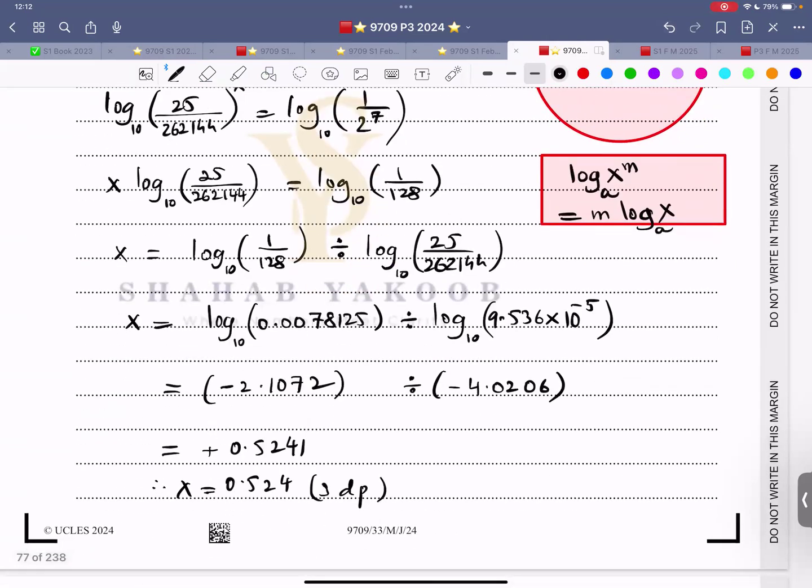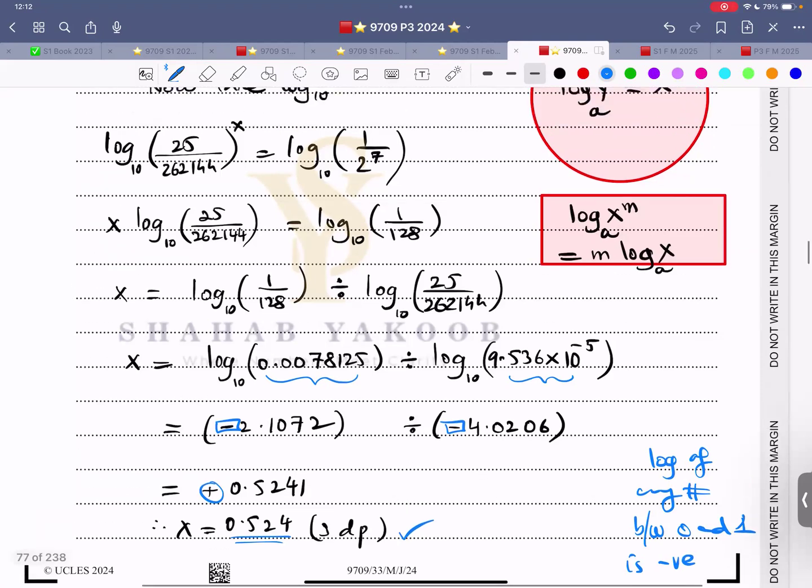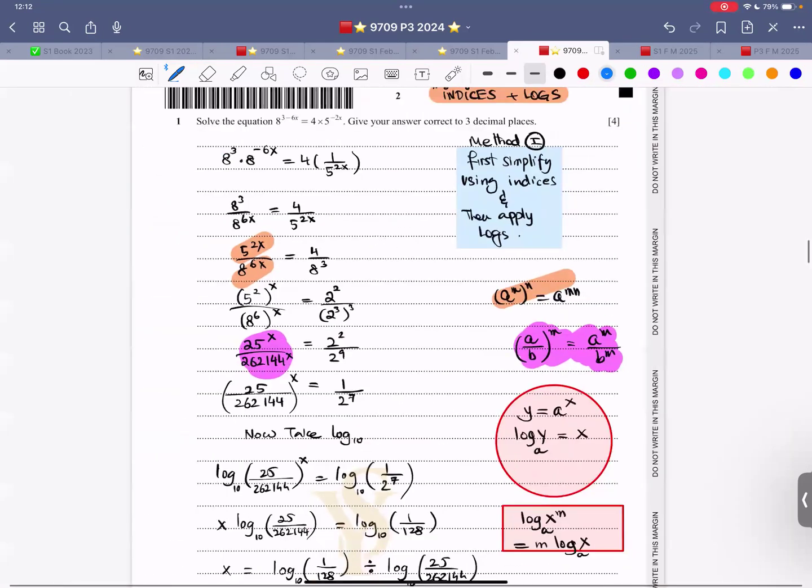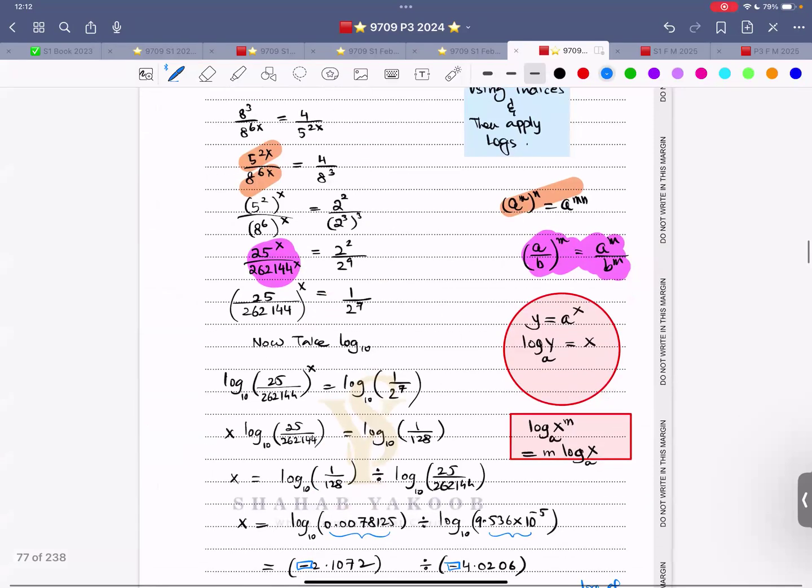And then we should also know that log of any number between 0 and 1 is negative. So there is a negative over here, there is a negative over here, divides, we get a positive thing, and this is the answer, correct to 3 decimal places. How many marks are they giving? 4 marks. Of course, it would involve a lot of working.